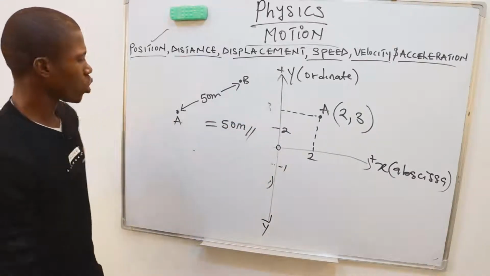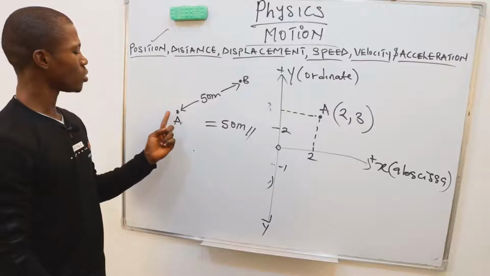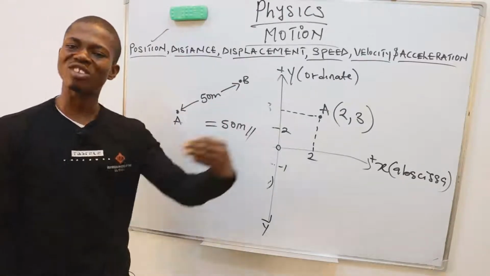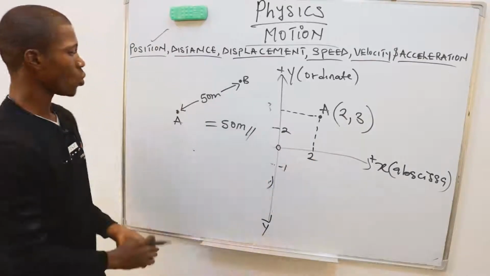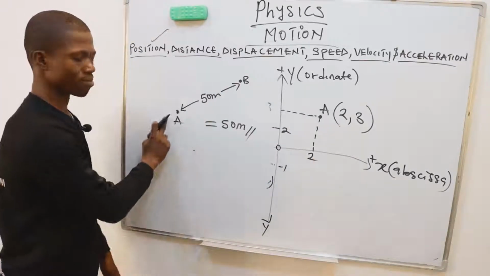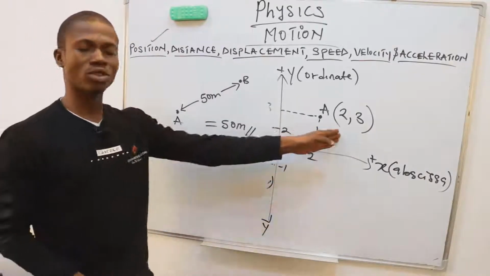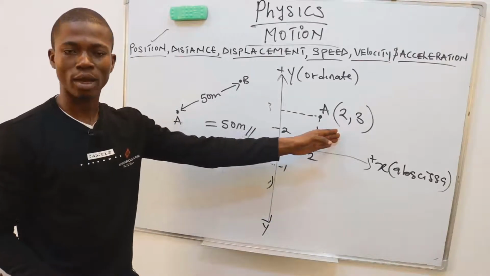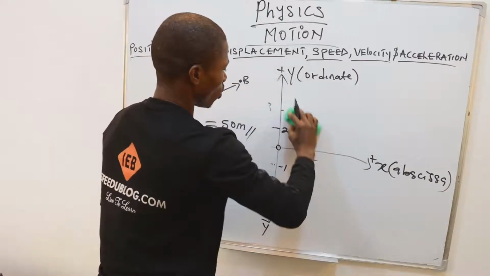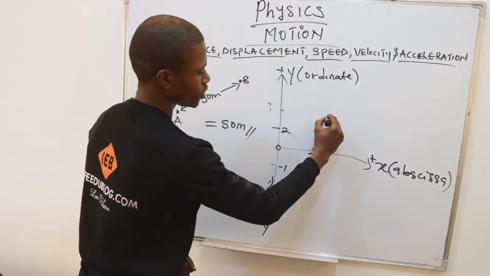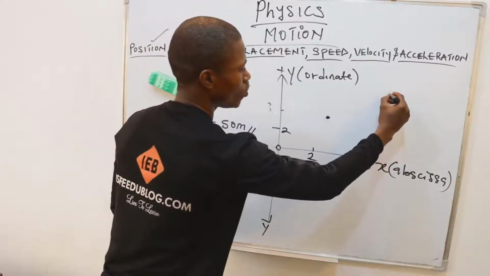meters. But what if this object moves from here to here and we don't know the space between them? We don't know the distance they have moved. Do you get? What if we only know their coordinates? Let me just quickly bring it into our coordinates of points. What if an object was here initially and it now moves here?